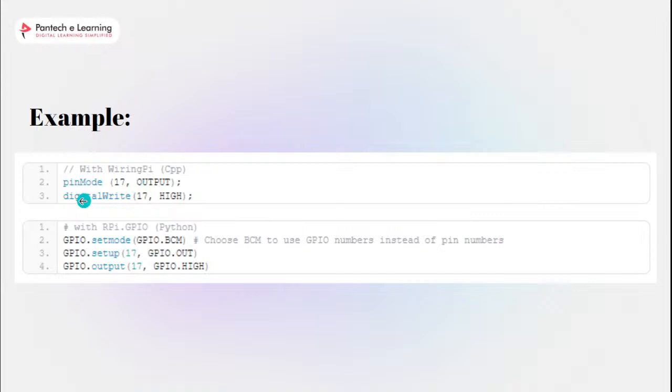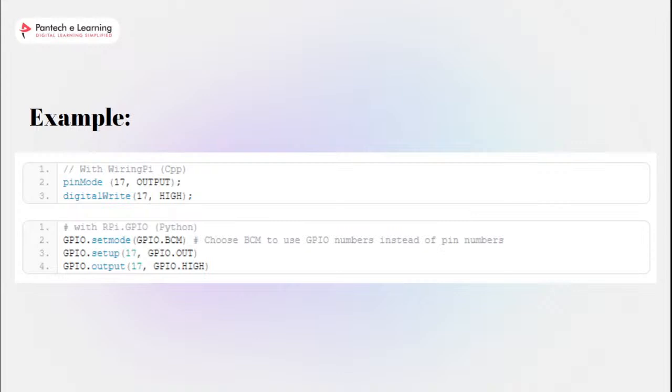You can go for digital, and inside you can go for the particular pin and make it high or low. It's your choice, so I want to make it high. This is all in Arduino. If you are taking Raspberry Pi, there are two options, whether you are going for a pin number or a GPIO number. If you are going for a GPIO, we need to mention that library, which is nothing but RPi.GPIO.